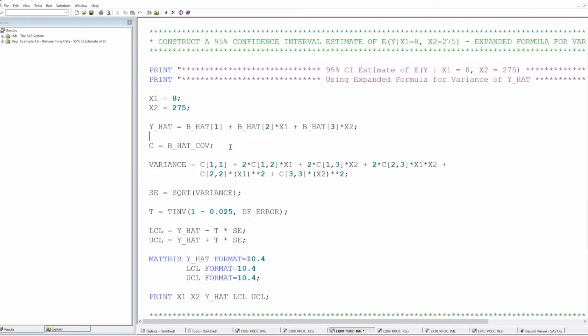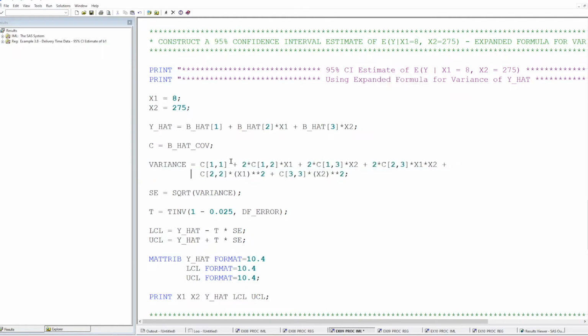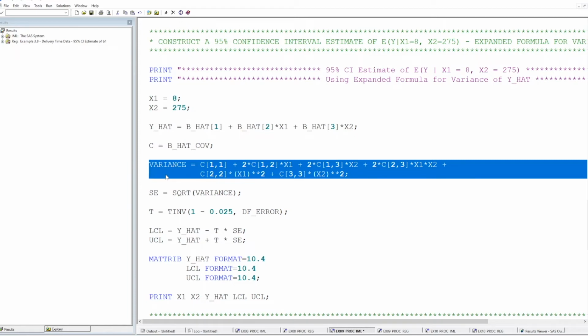Again, I need the covariance matrix for the beta hat vector. The expanded formula for the variance is implemented using this formula here. For practice, go ahead and expand that quadratic form and make sure that you get an equivalent formula.